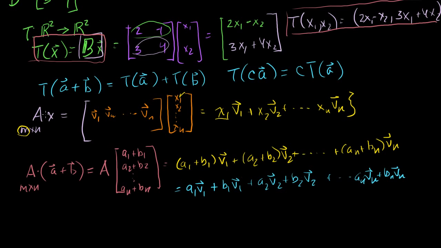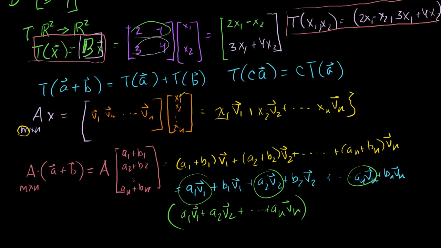And then if we just reassociate, grouping all of the a terms together, we get a1 times v1 plus a2 times v2 plus all the way to an times vn. I just grabbed all the a terms. We get that plus all the b terms: plus b1 times v1 plus b2 times v2 all the way to plus bn times vn.